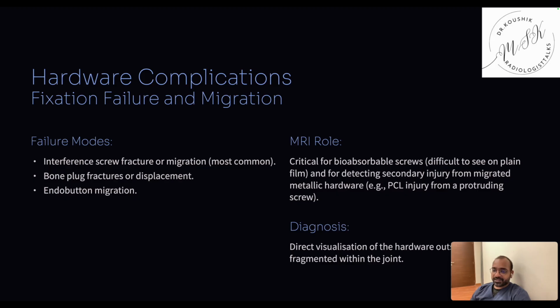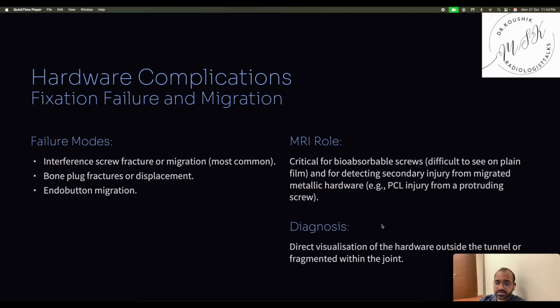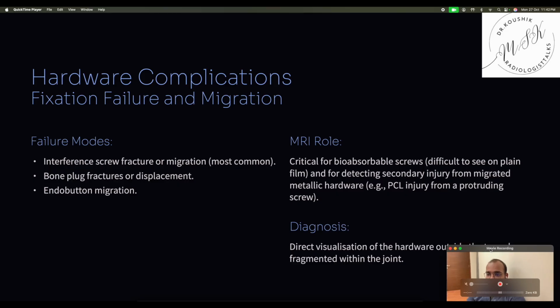It is very critical especially for bioabsorbable screws, which are difficult to see on a plain film, and for detecting secondary injuries from migration of metallic hardware. So direct visualization of hardware outside the tunnel or fragmented within the joint, especially for the bioabsorbable screws.